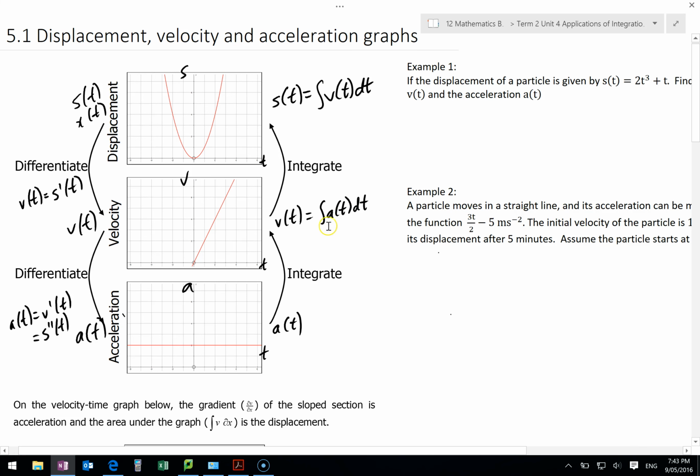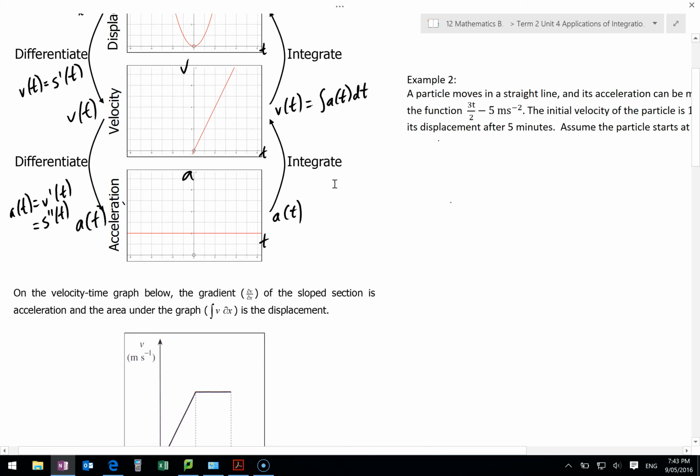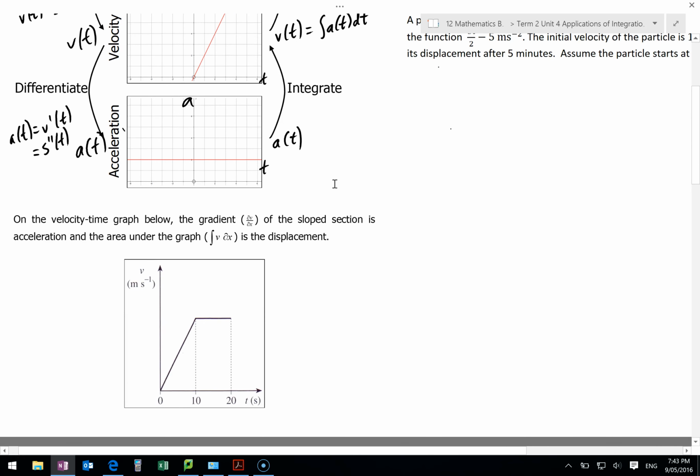Alright, so to demonstrate this idea, on the velocity time graph below, the slope of this line would be the acceleration. And say the area under this section would be the displacement between 10 and 20 seconds.